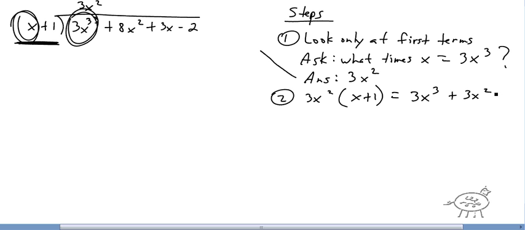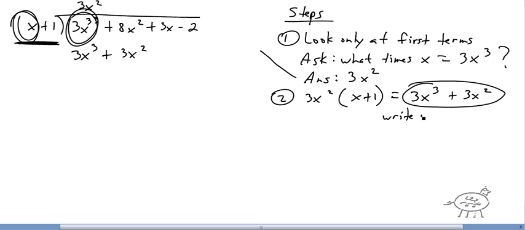Everybody agree with that? Okay, so what I'm going to do now is take that and write it underneath here, 3x cubed plus 3x squared. So you're going to write it under the problem as your steps.